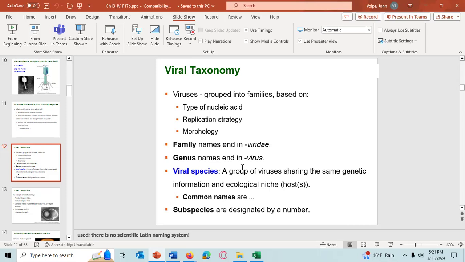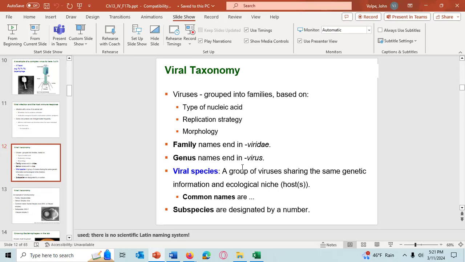And then there are subspecies. They're designated by a number: herpes simplex virus type 1 and herpes simplex virus type 2. So those are two different subspecies of the same species of virus. Any question about any of that?